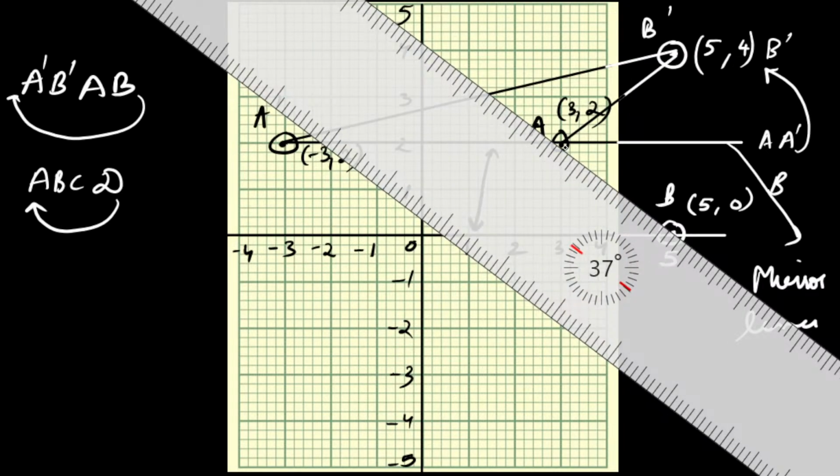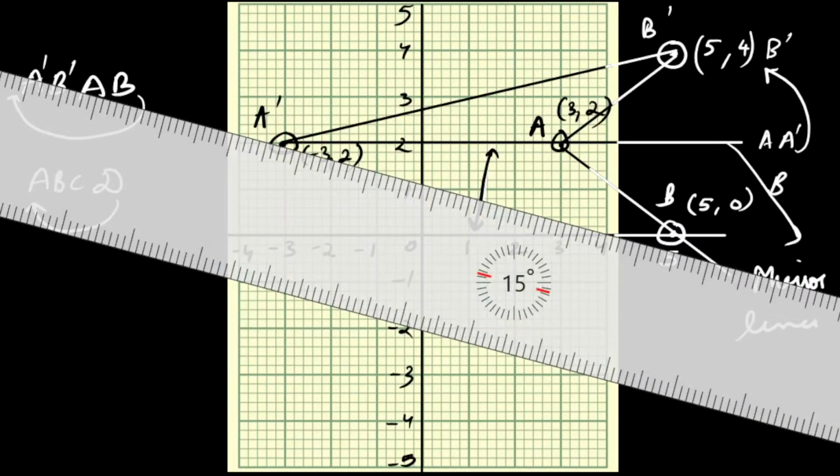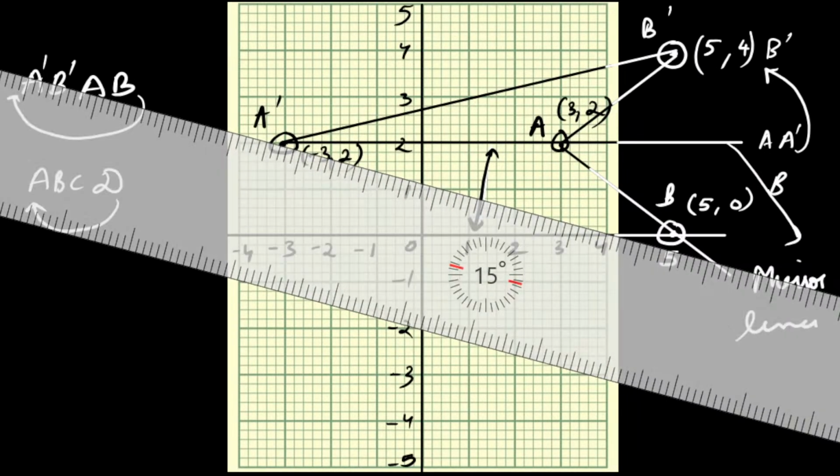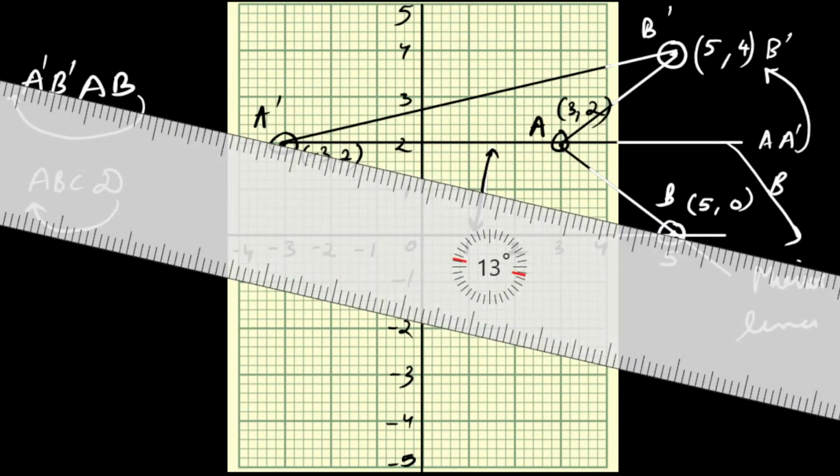This is also a different kind of figure we are getting here. A to B I have joined, and B to A dash also we have to join, because the last and the first one also you have to join.